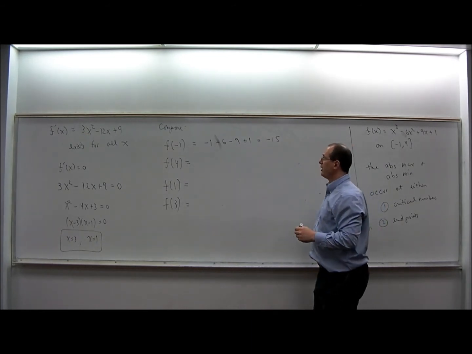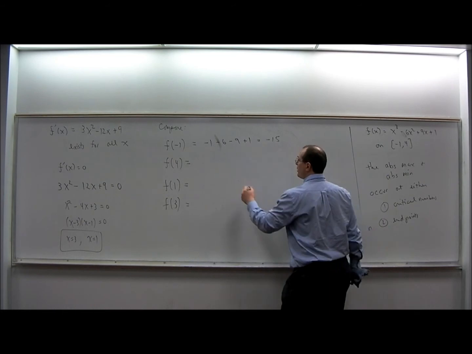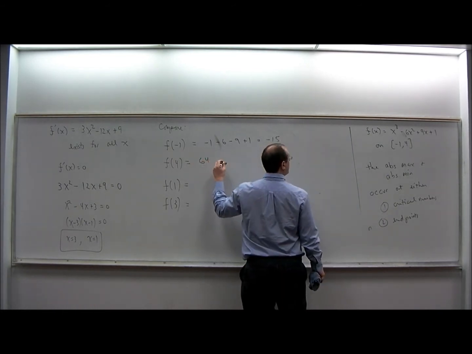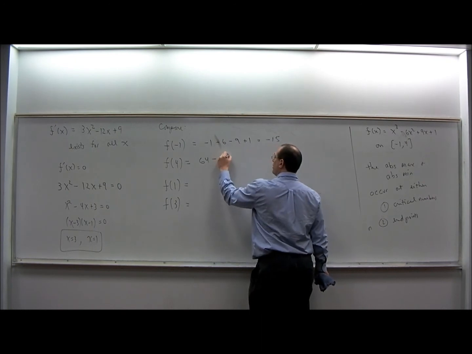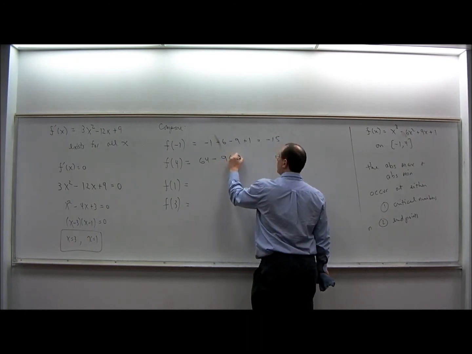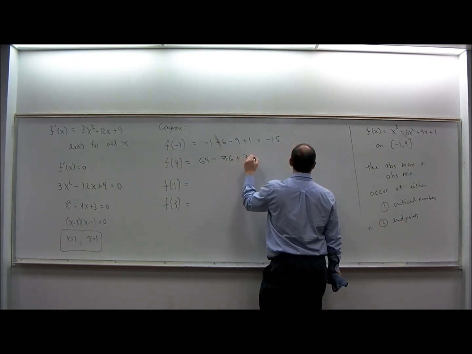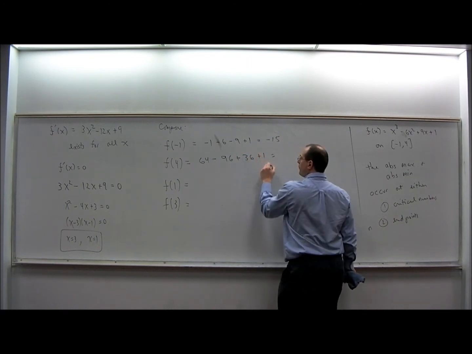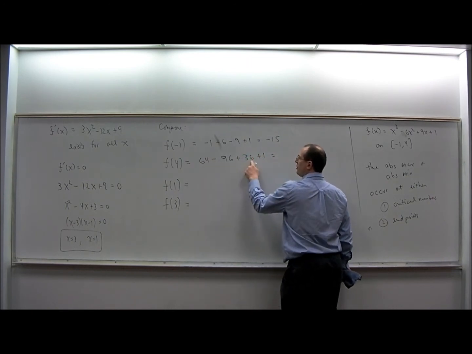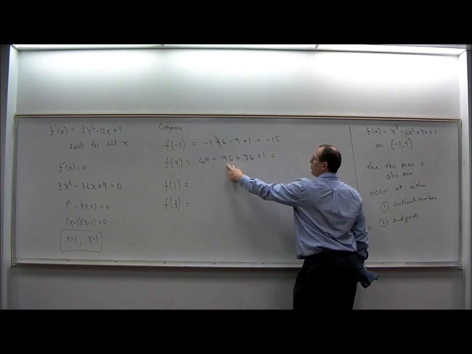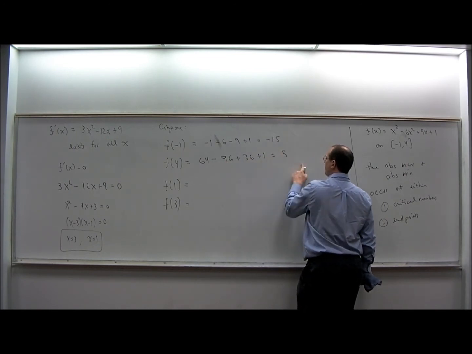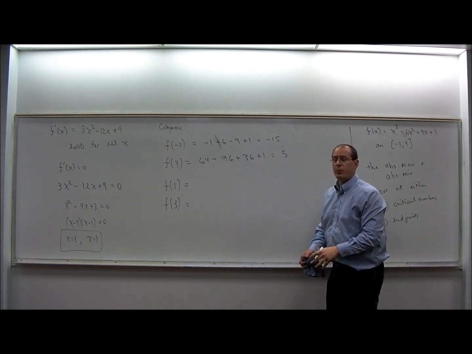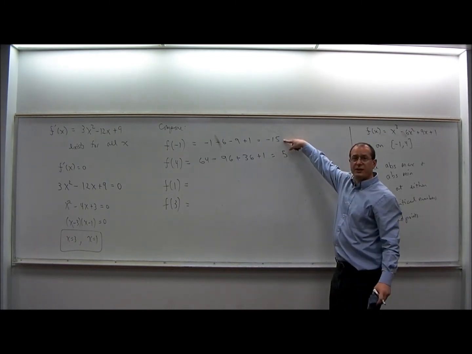F of 4 is 4 cubed, which is 64, minus 4 squared, which is 16, times 6 is 96, plus 9 times 4 is 36, plus 1. 64 and 36 are 100, so minus 96 is 4, plus 1 is 5. At this point, 5 is the biggest, -15 is the smallest.